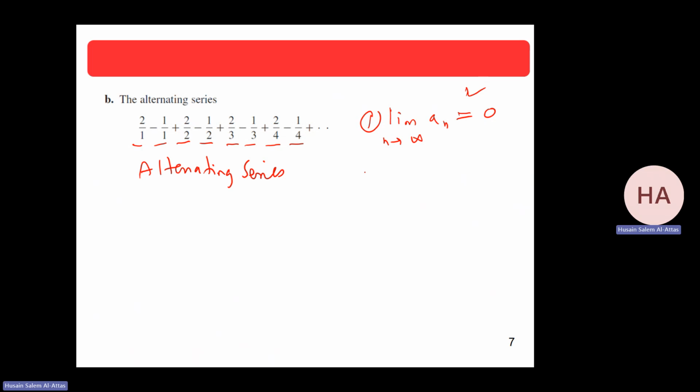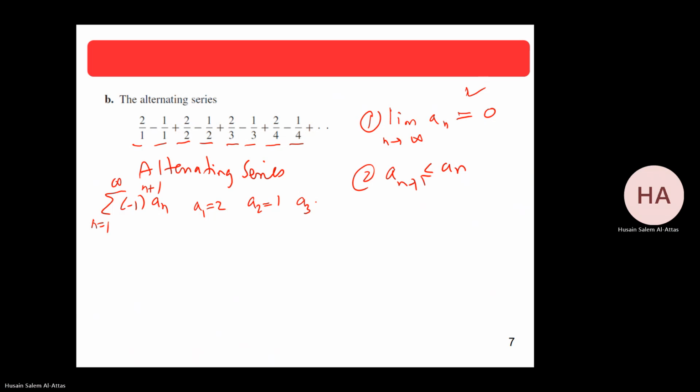This is one thing. The second thing: is a_(n+1) less than or equal to a_n? No. If I make it alternating, the sum of minus 1 to the power n, starting from 1, I want this to be positive, so n plus 1 with a_n. a_1 is 2. a_2, 1. a_3, 1. a_4, half. a_5, 2 over 3.